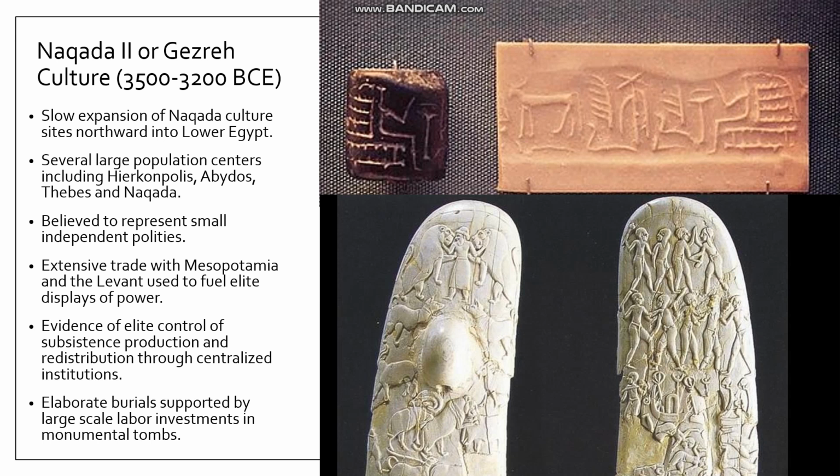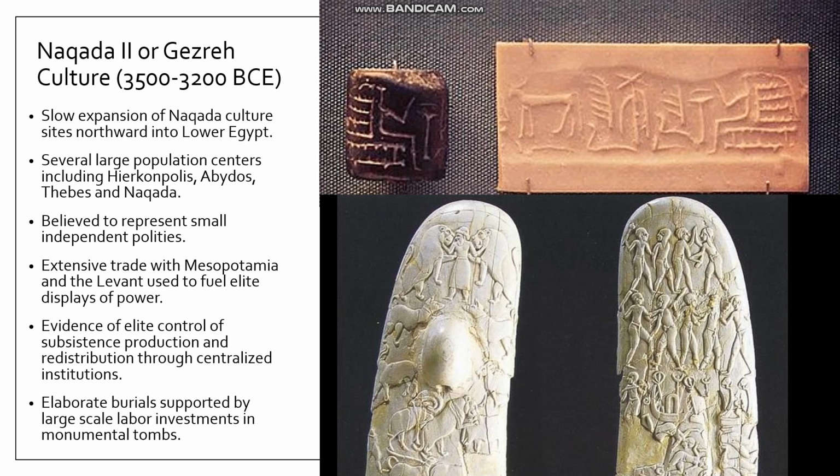So we have a slow expansion of the Naqada culture from Upper Egypt into Lower Egypt, and this is really setting the stage for the unification of Egypt under Narmer around 3200 BCE. So we have several large population centers, and we'll talk more explicitly about Hierakonpolis in a little bit, but also Abydos, Thebes, and Naqada, and we believe these all to be small independent polities.